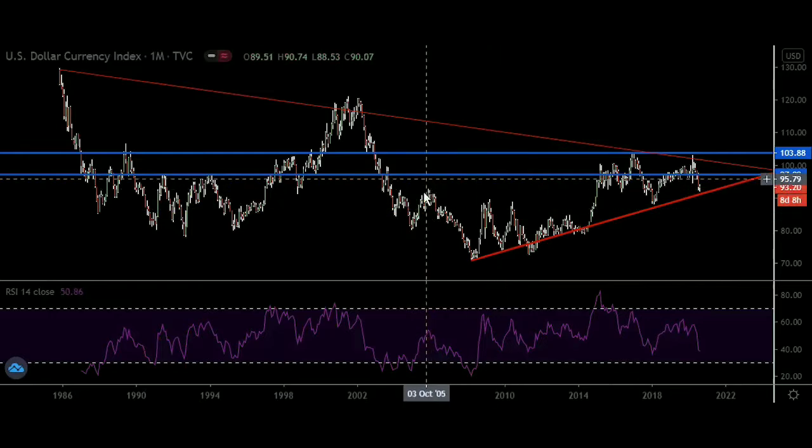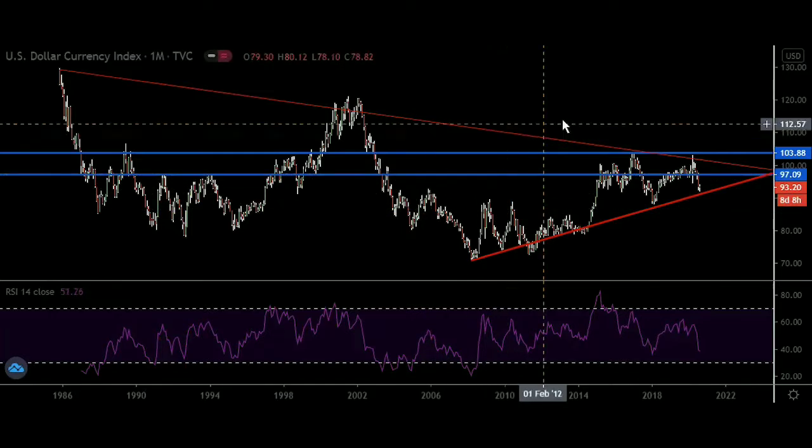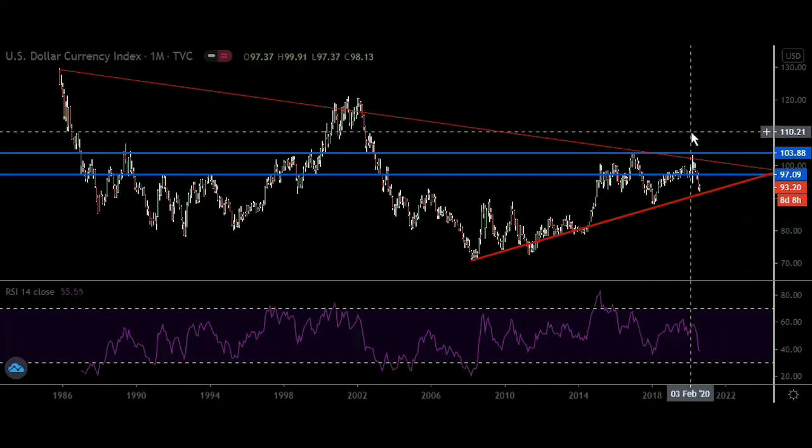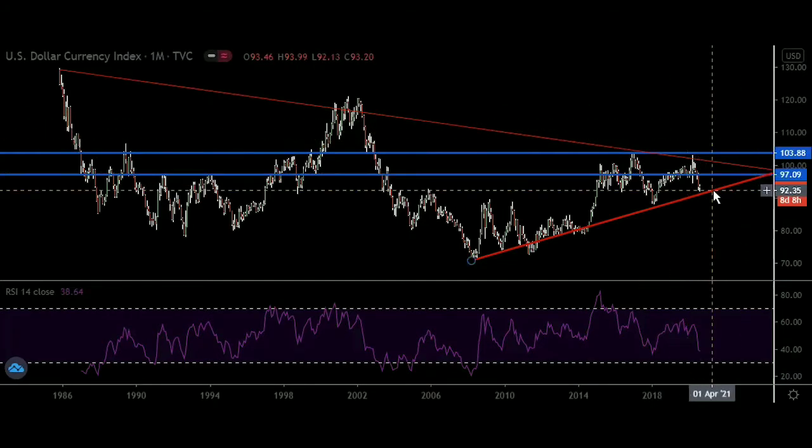Now the interesting thing that I want to tell you is that when this dollar falls on chart, our currency, that is Indian rupee, also falls on chart. That means when dollar gets weak, our currency gets strong because our currency is pegged against US dollar, correct?